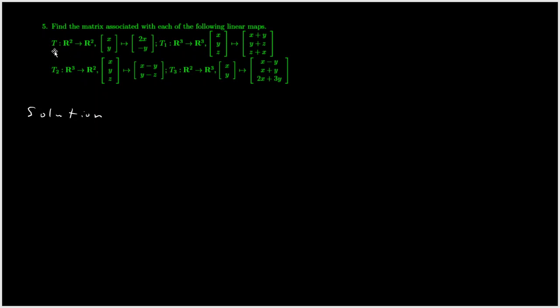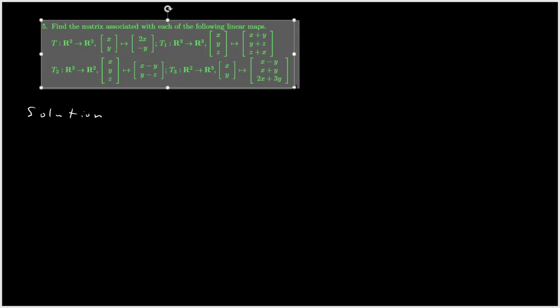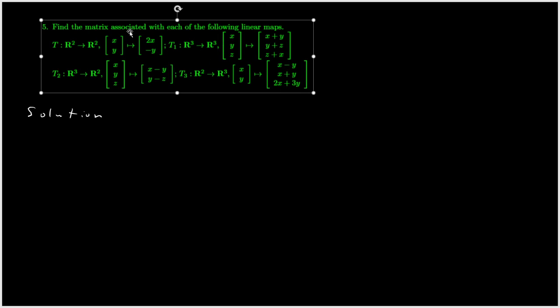For T is linear, it's from R2 to R2. Each vector xy in R2 is mapped to that. And using the definition of T, now we are going to get a matrix. So that's the question. You look at the question again. We're looking to get the matrix associated with, or determined by, T. So in this particular case.